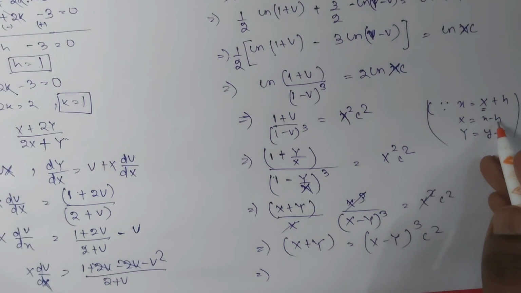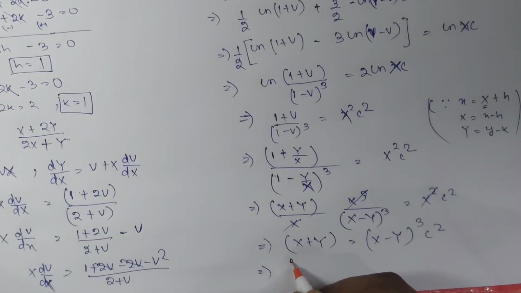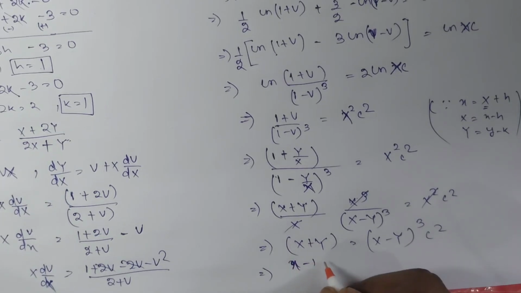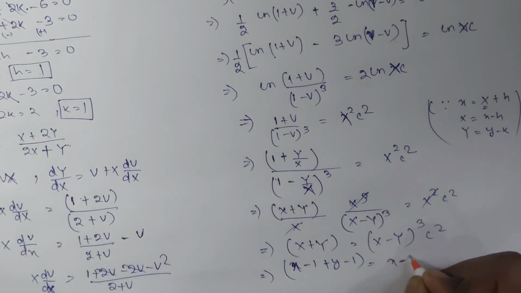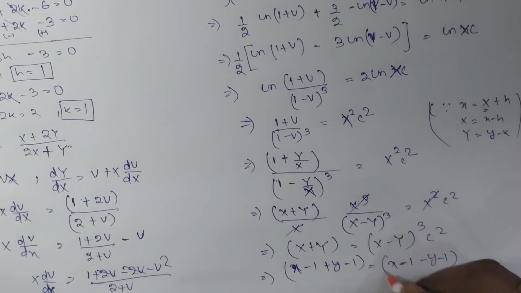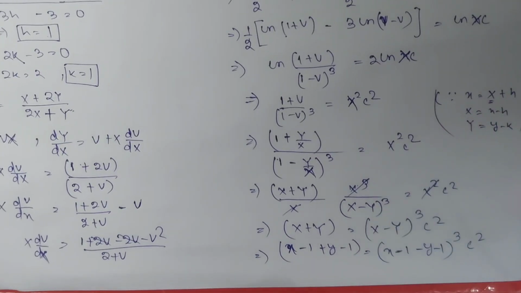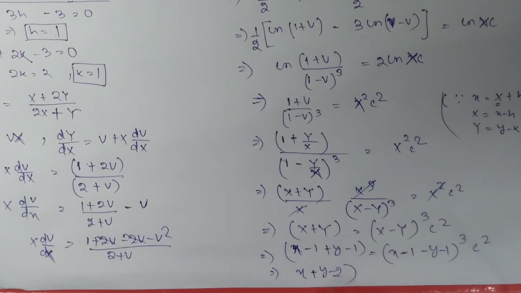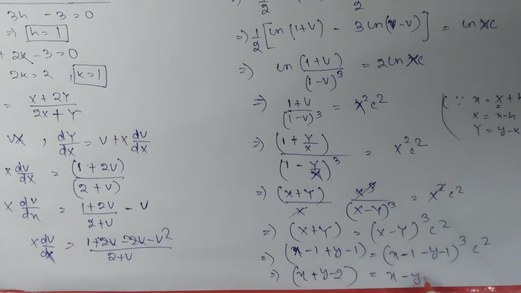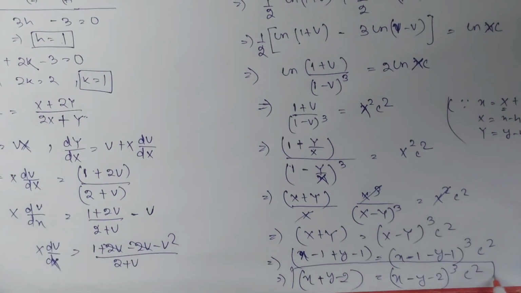So putting the values, as h and k are 1, it becomes capital X equals x minus 1 and capital Y equals y minus 1, and it becomes x minus 1 plus y minus 1 equals x minus 1 minus y minus 1 whole cube times c square. Then if we simplify, x plus y minus 2 equals x minus y whole cube times c square. This is the solution of the differential equation.